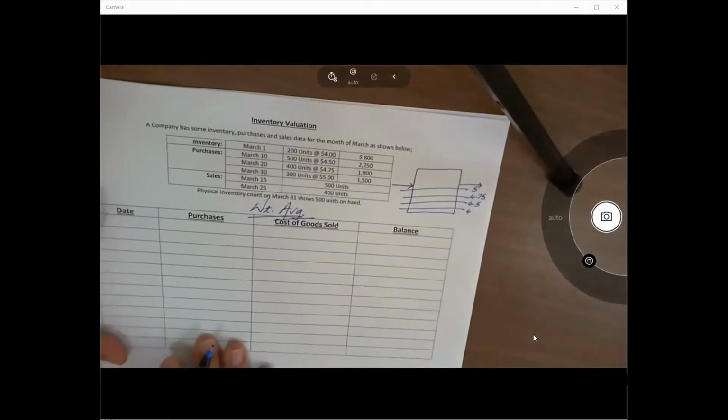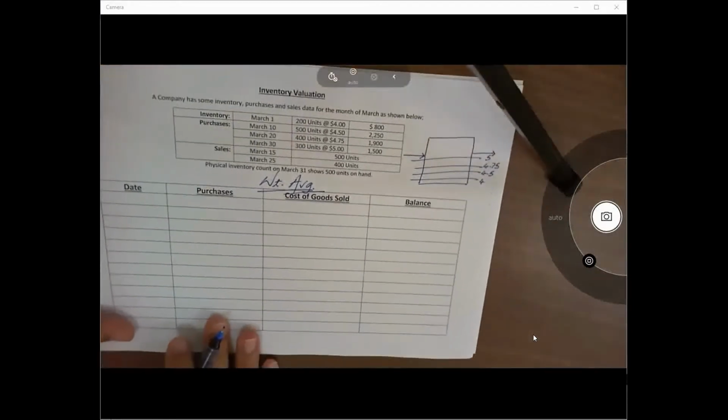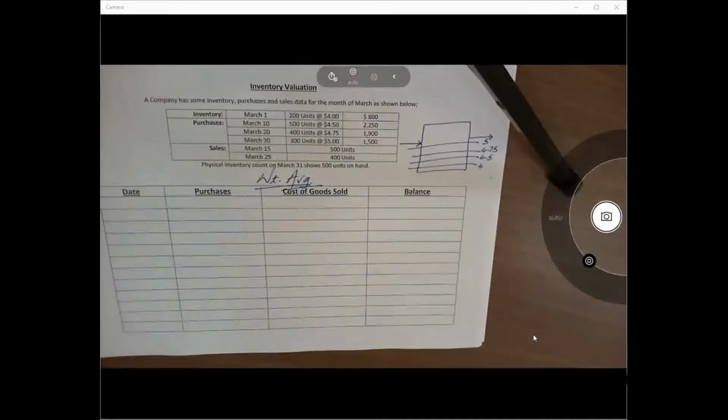Most of the time, the average method of inventory valuation is being used by those businesses which need not have any differentiation between the old inventory and the new inventory. For example, petrol stations.